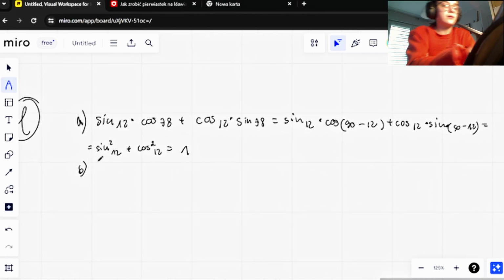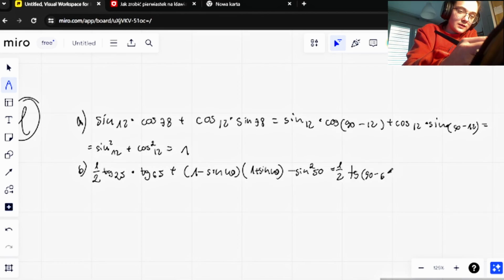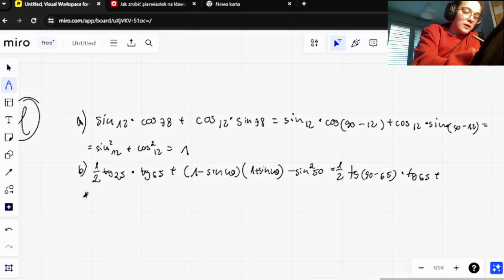Okay, and the second one. This is easy also. C5, which is 25 times this. And here we will do the same thing, because we have sinus 50, so we can change here to 50. So 1 minus sinus of 90 minus 50.